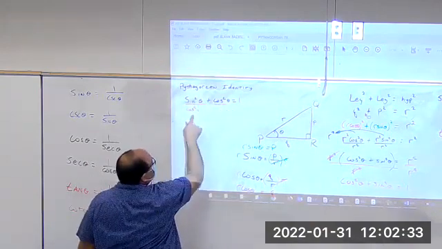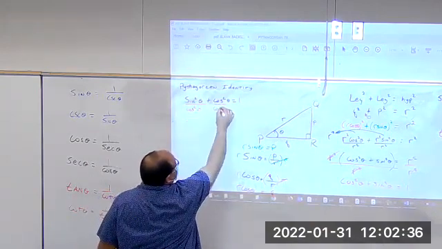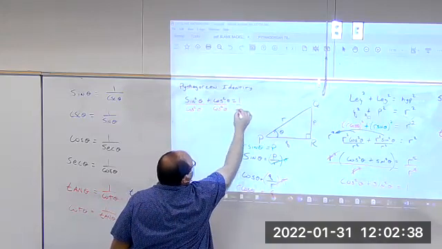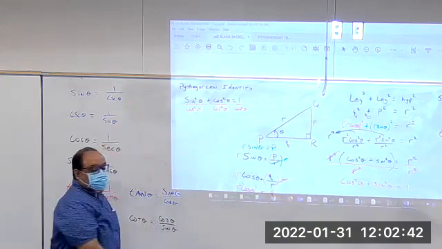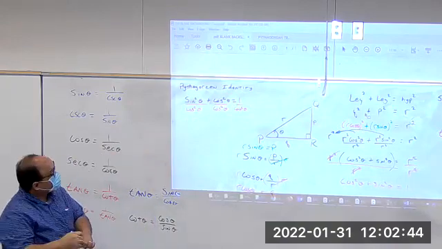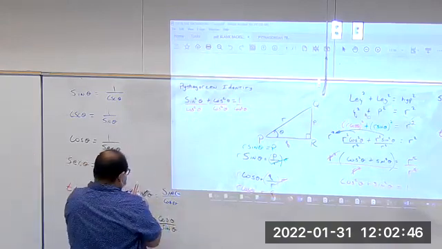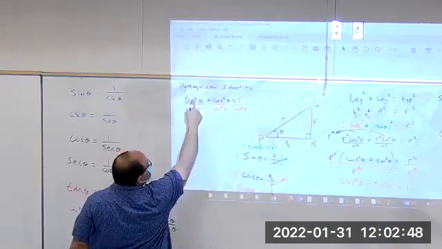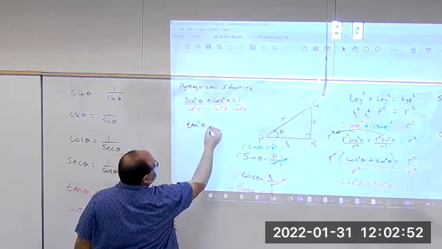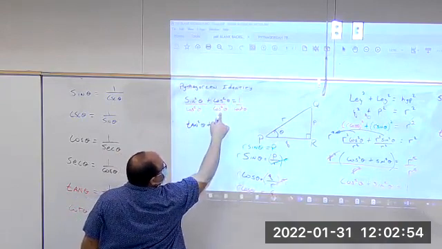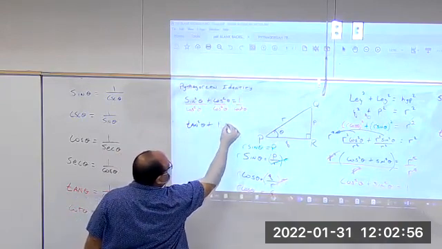Because if you divide 1 by cosine squared, you got to divide everybody by cosine squared. If you divide 1, you divide it all. And that's where tangent squared comes from. Sine squared over cosine squared is now tangent squared theta. Cosine squared divided by cosine squared is plus 1.